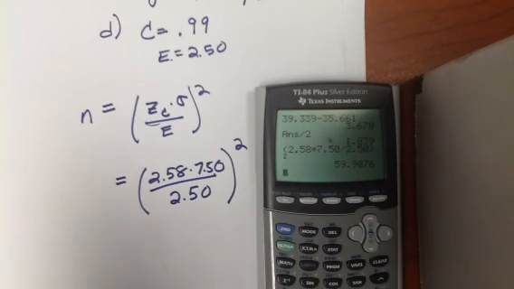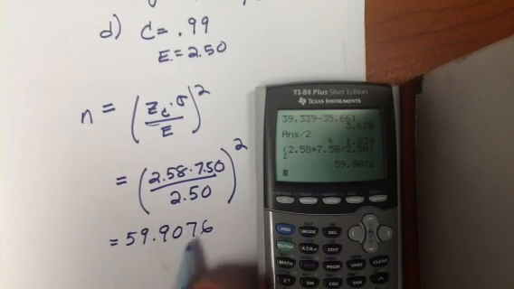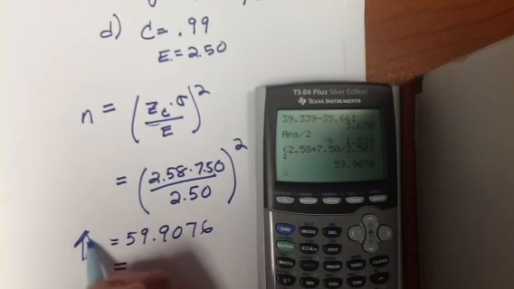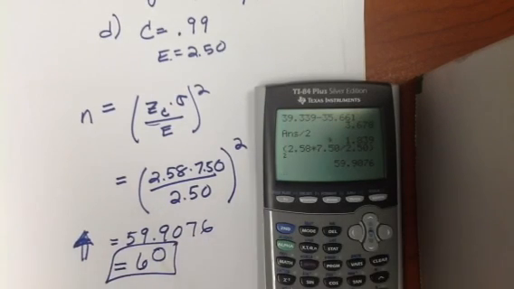And we get 59.90. So what you want to remember for your sample size, no matter what your decimal is, even if this would have been 0.1, we always need to round up. So our sample size necessary to get that confidence level is 60.